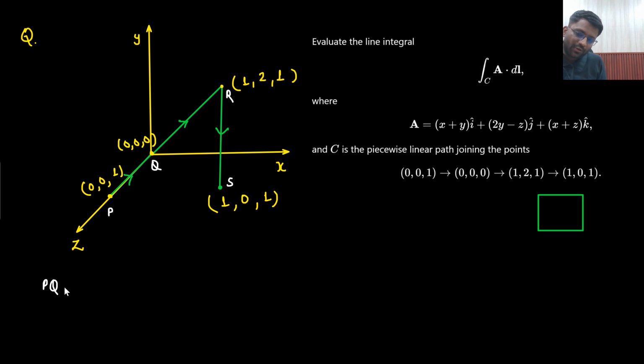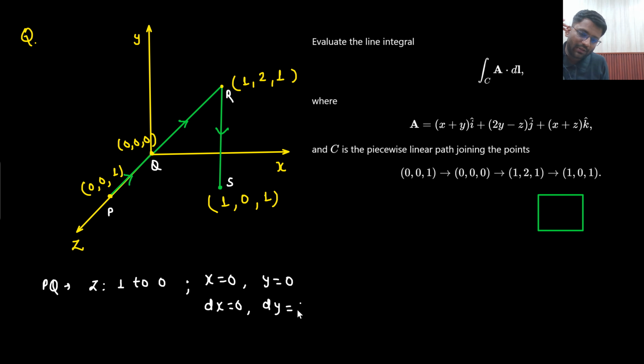Why is that so? Because for PQ, what do you know? Sir, only z is changing. z is going from 1 to 0. Here x is fixed at 0, y is also fixed at 0. dx will be 0, dy will also be 0, sir. dz will be non-zero. Now I know how my A dot dl will look.